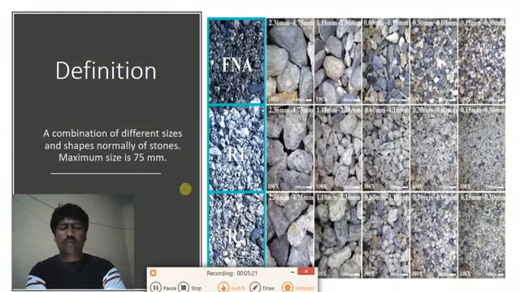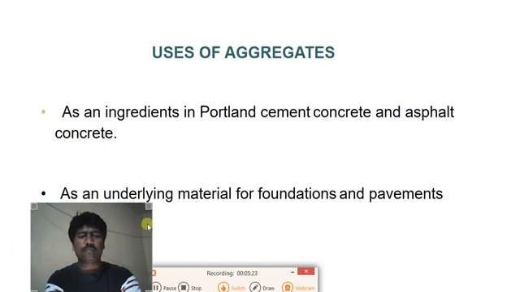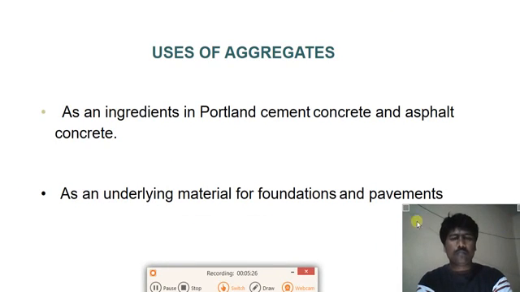Now we will see what are the uses of these aggregates, and then we will go with the classification. So what are the uses of the aggregates? Without aggregate, how can you produce concrete? In a concrete, we already discussed the basic parts are cement, water, and the next most important one is aggregates.